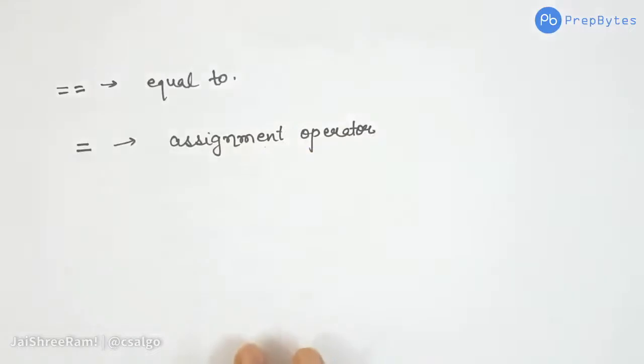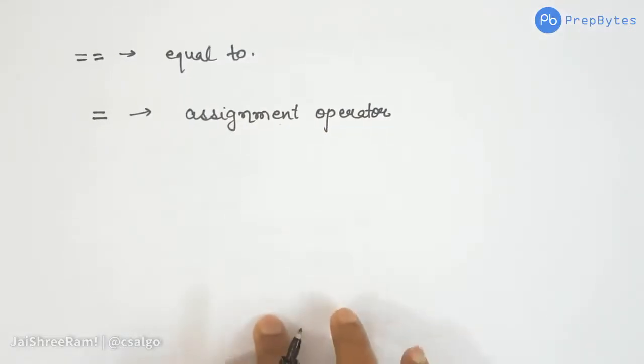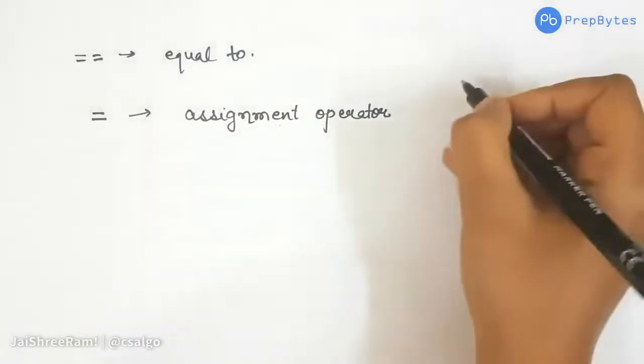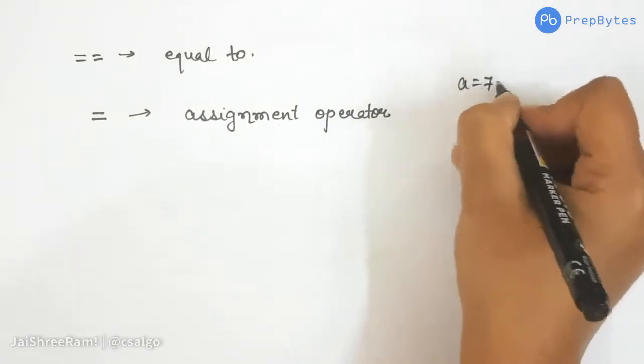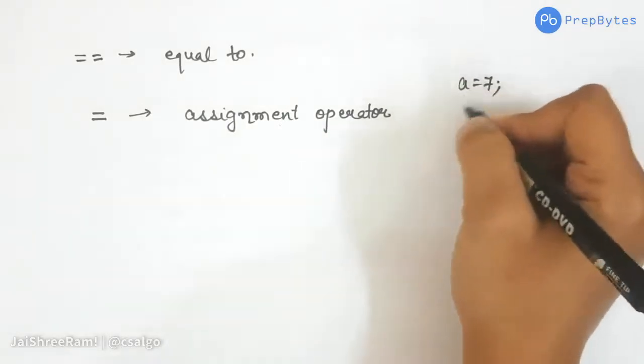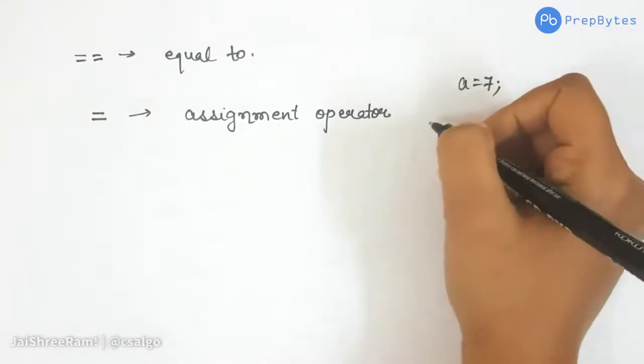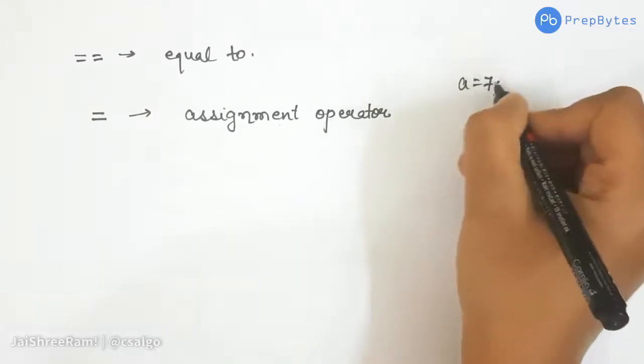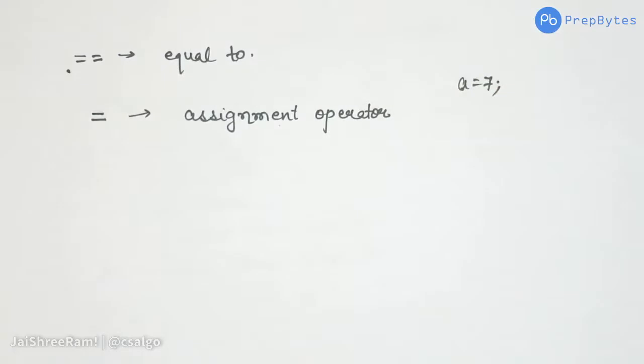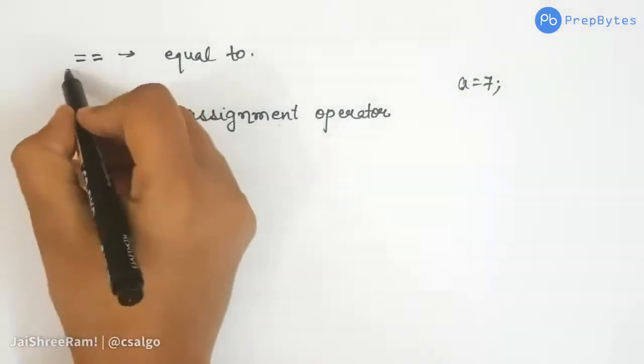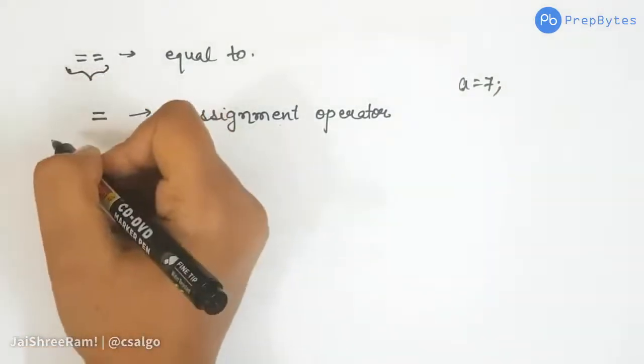We have seen this quite a number of times: if we do something like a = 7, this won't do the comparison of whether a equals 7 or not. Rather, it will assign the value 7 to a. So for comparing two variables, we use double equal to.